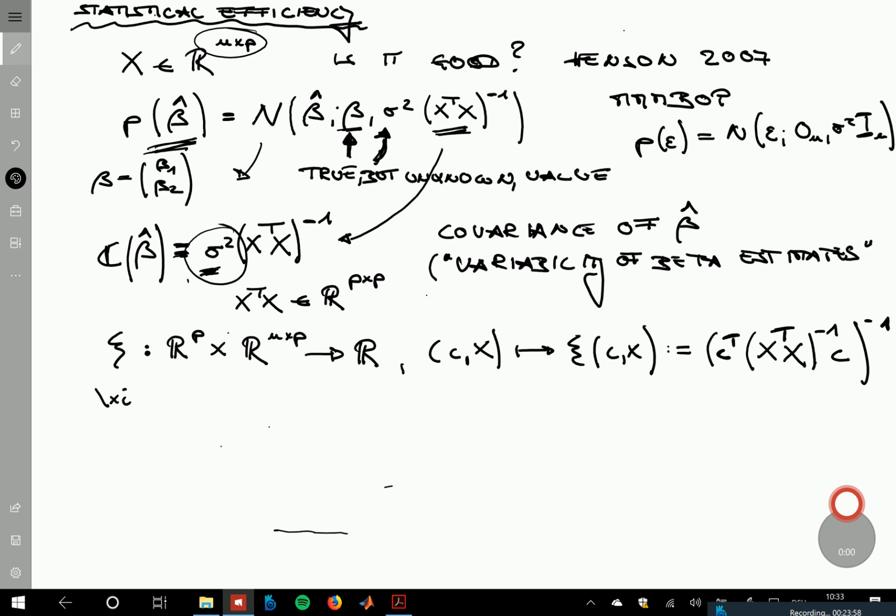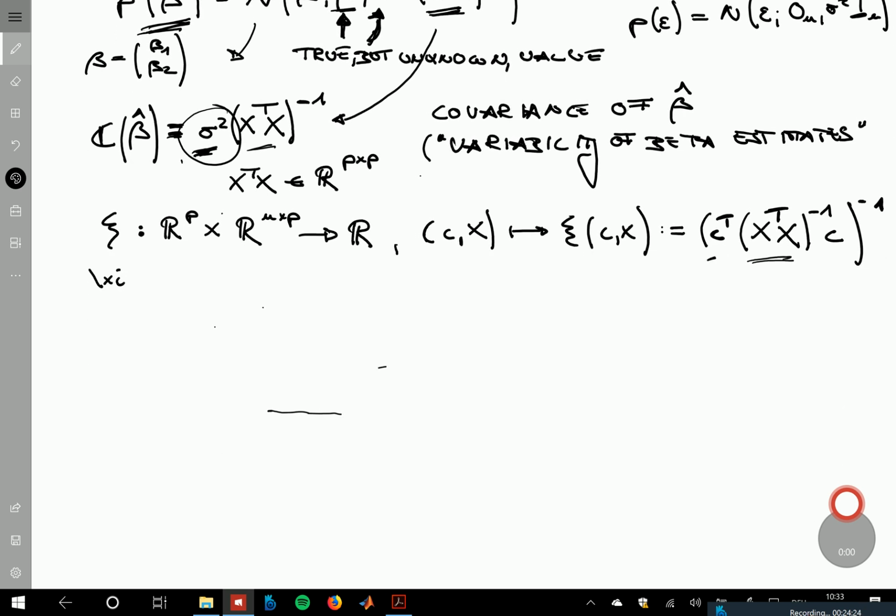But intuitively it makes sense that you say, okay, sigma square is given by nature, that's a true but unknown parameter, I cannot do something about it. What I can deal with is the design matrix. So let's define a function of the design matrix, and then let's not look at the entire matrix, but look at specific entries of it.